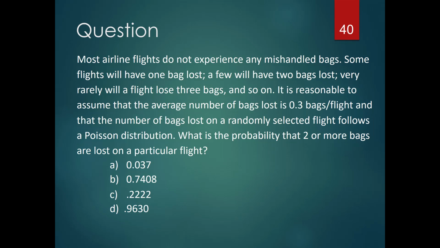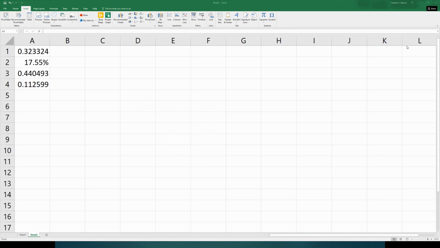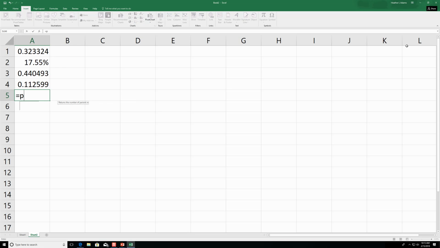So this means I'm going to need the complement rule, since it's a greater than problem, and I'm going to want 1 or less. Since what I want is going to include the 2, the complement of that will not include the 2. So I want 1 or fewer bags, and it's a Poisson distribution, as it says. So equals Poisson.